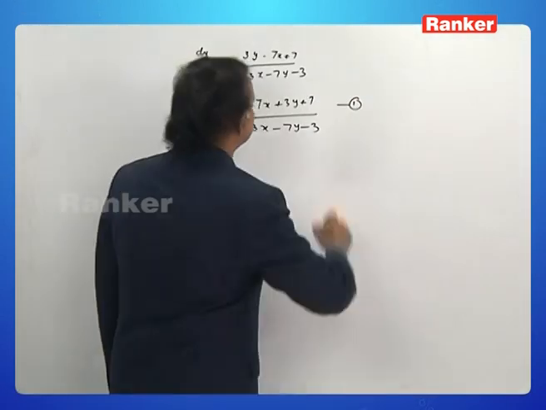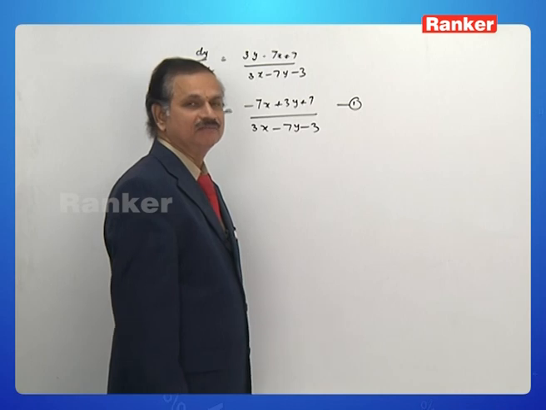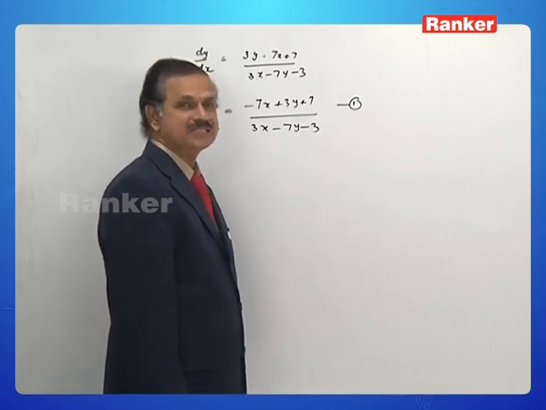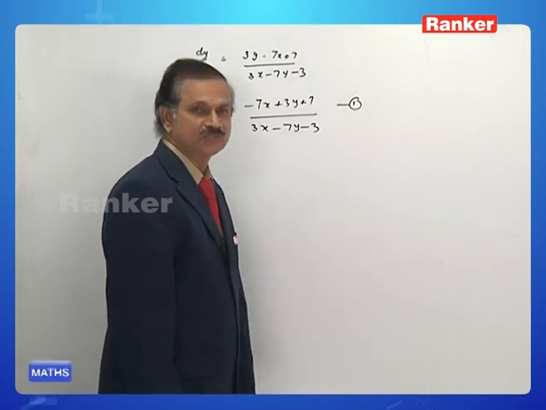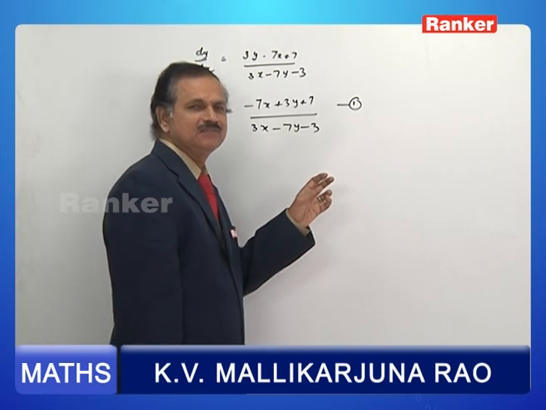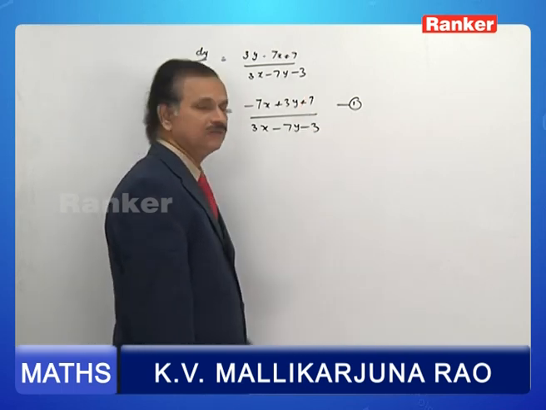Call this 1. In the beginning itself, while looking at the heading, we have told that this can be converted to homogeneous form. Okay, what is the main obstacle here for us to say that this is homogeneous? This 7 and this minus 3.